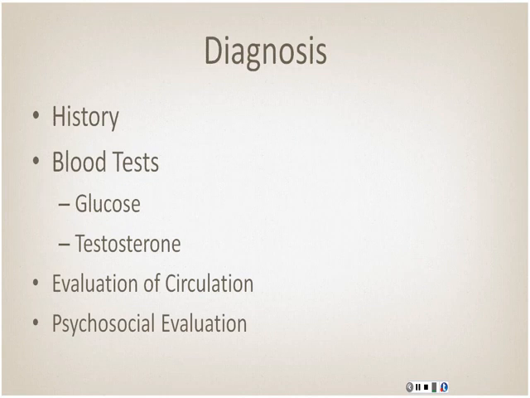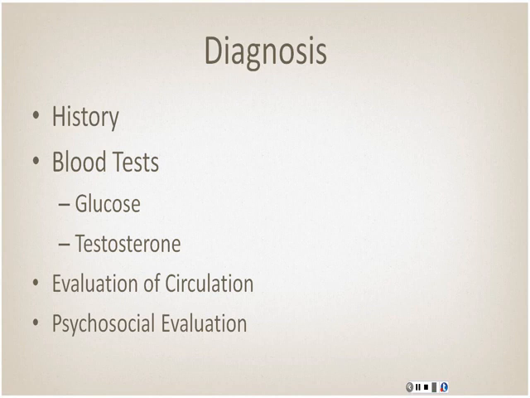So diagnosis, medical history, we want to know medical history, surgical history, any medications that they may be taking, injuries, if they have a history of substance abuse or currently using substance abuse. We want to know about their lifestyle, their sexual history, any types of hormonal imbalances, certainly evaluations of circulation, because as we talked before, that can definitely affect how they're able to achieve an erection.